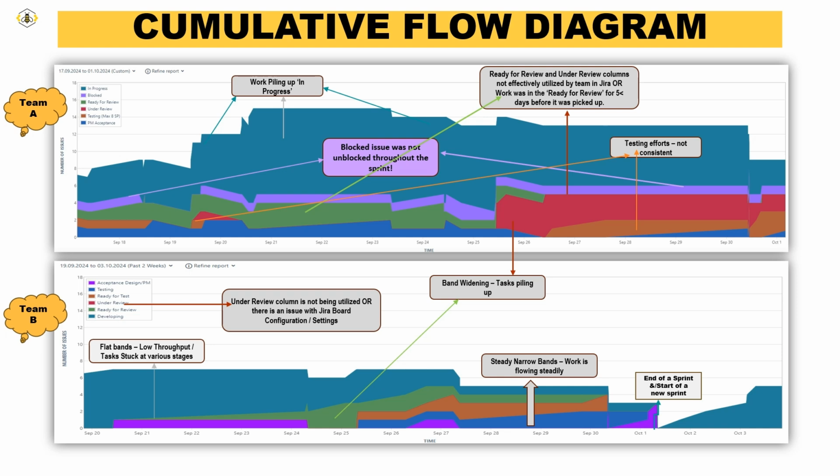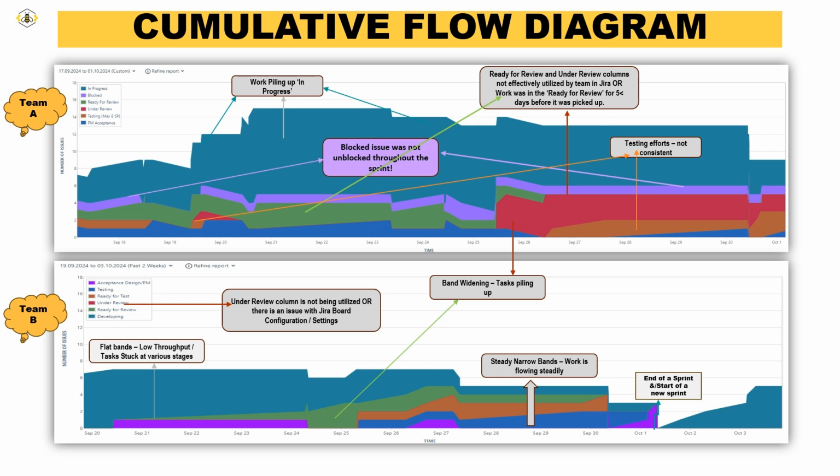Think of a CFD as a snapshot of your project's health, showing how much work is completed in each stage over time. It helps you see if work is moving smoothly through the stages or if there are areas where work is piling up.